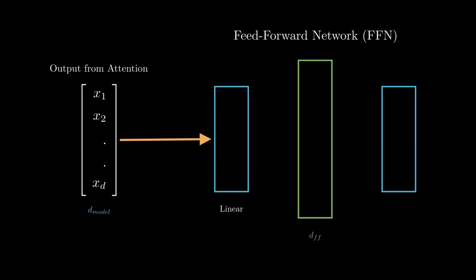But a linear transformation, even an expanding one, isn't enough. If we just stacked linear layers, the whole network would just be one big, simple linear function. To give the model true computational power, we need to introduce nonlinearity. And that's the job of the second step, the activation function. In transformers, the standard choice is the rectified linear unit, or ReLU.